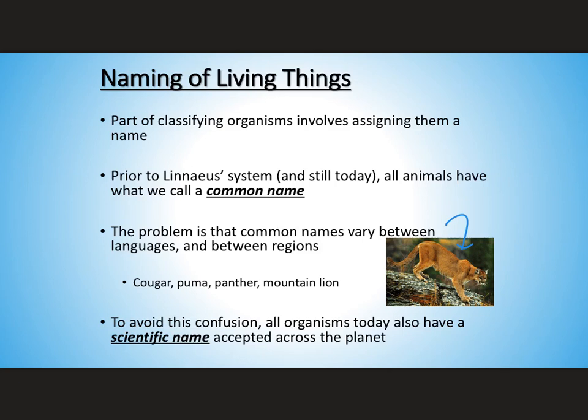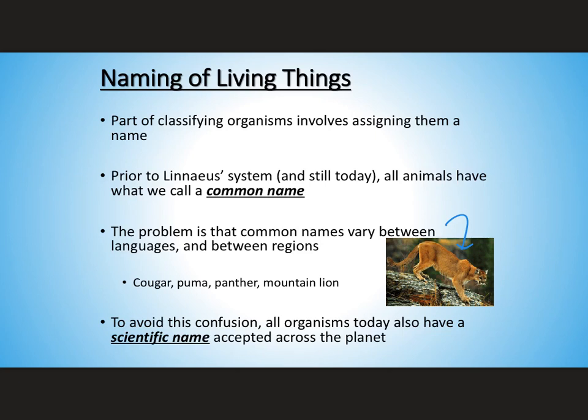This big cat could be called a cougar, might be called a puma, might be called a panther, might be called a mountain lion, depending on where you are in the United States. So if you've got a researcher on one coast talking about the cougars that he is researching, and a scientist on the other coast talking about the panthers that he is researching, they might think they're talking about totally different animals when they're talking about the same thing.